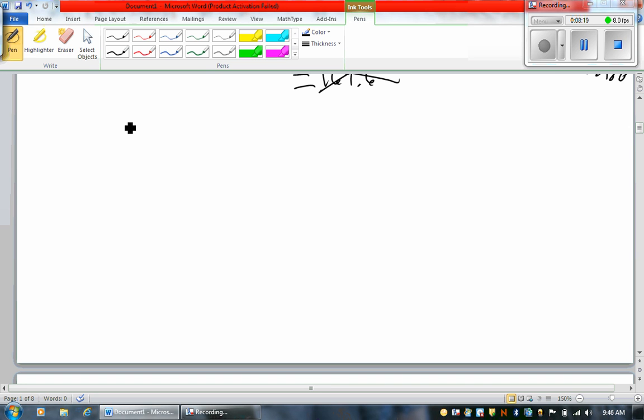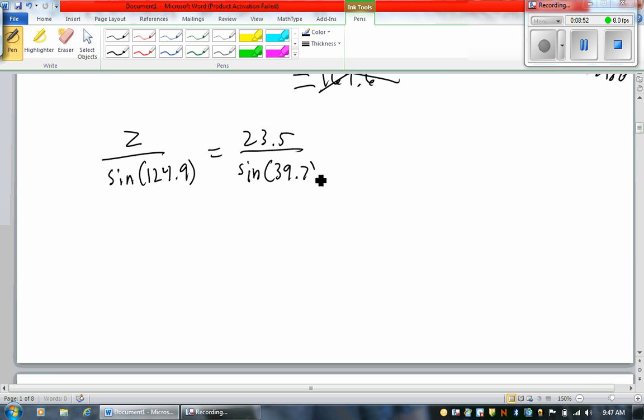And this is just like last time. We're looking for our side z. We're going to put that over the sine of our angle Z, which we just calculated to be 124.9, and we're going to use side x, 23.5, all over the sine of big X, which is 39.7.